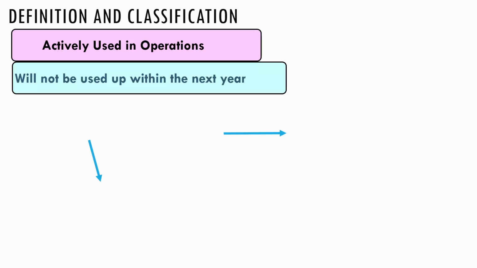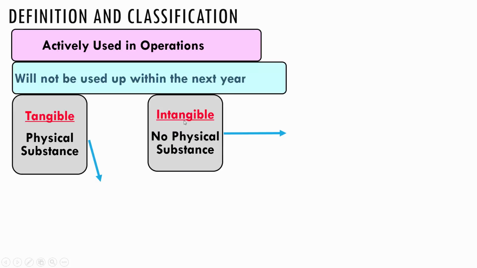If they start using it in the next year, then it's classified as property, plant, and equipment, or fixed asset. So it has to be actively used in operations to be in this classification, and it has to be something that's not going to be consumed or used up in the next year, and therefore it's long-lived. It has a life that goes on.